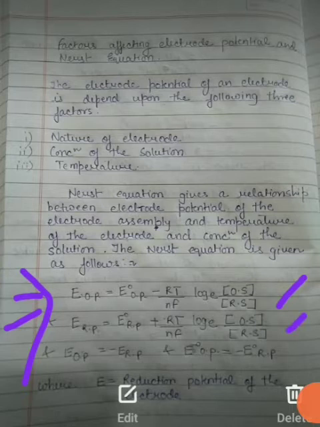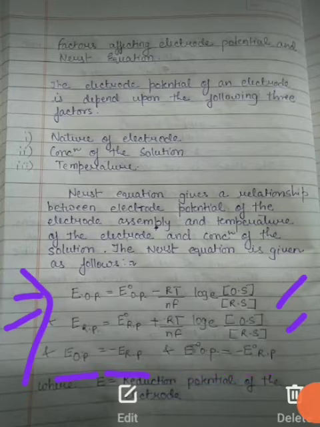And students, as I told you earlier also, E oxidation potential is equal to minus E reduction potential, or we can say that standard oxidation potential is equal to minus standard reduction potential.